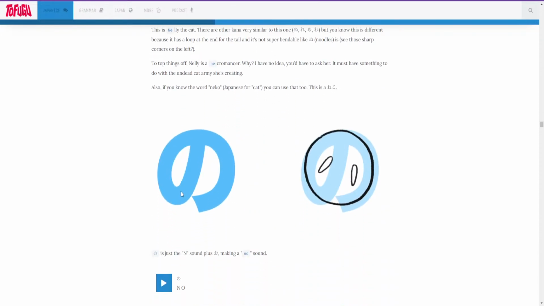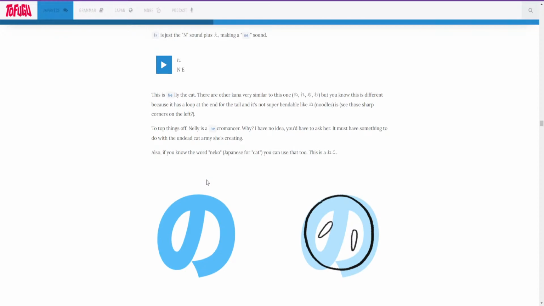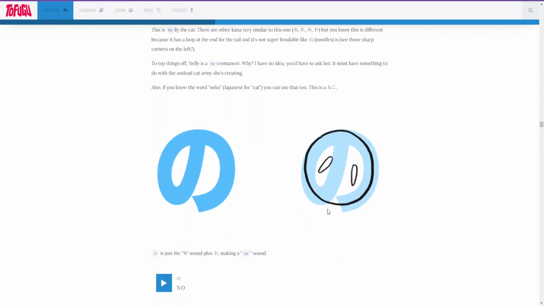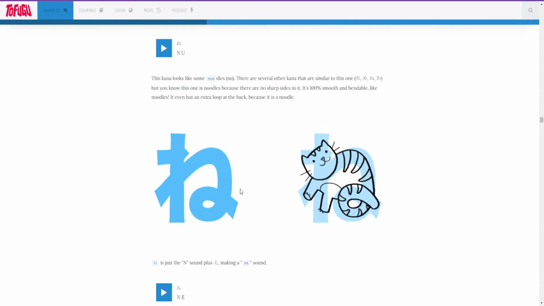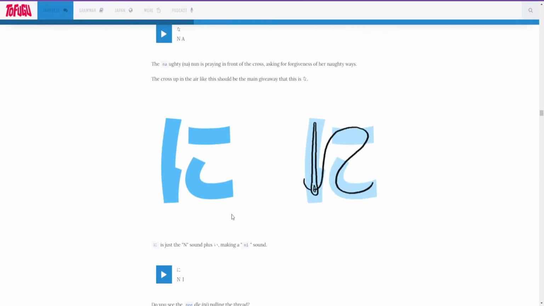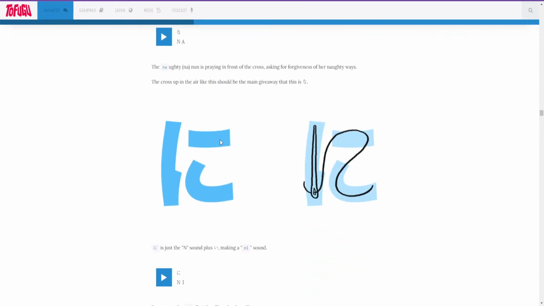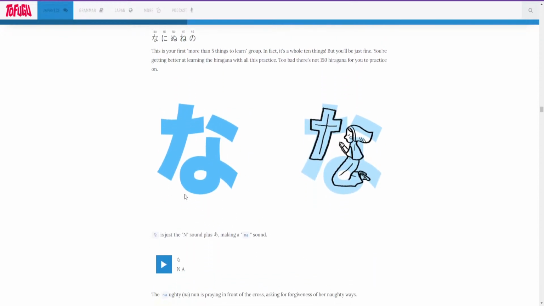And then finally we have no, because it looks like a nose. See, a lot of these are pretty easily relatable to the kana that we're trying to learn. So no, nose, ne, neko, cat, nu, noodle, ni, needle pulling thread, and then na, naughty nun.